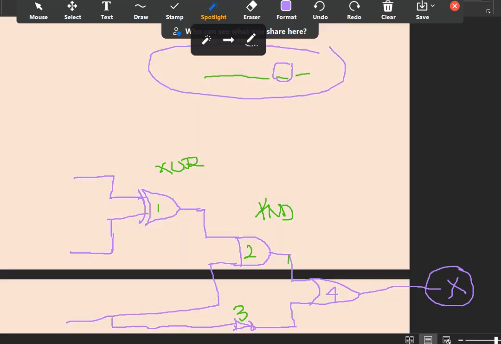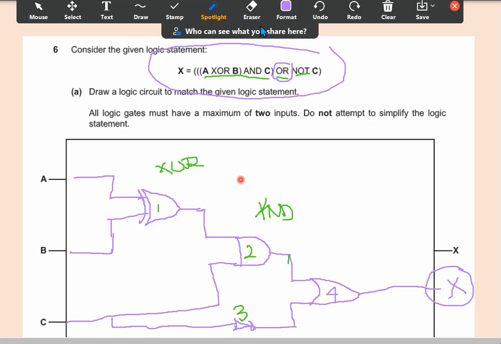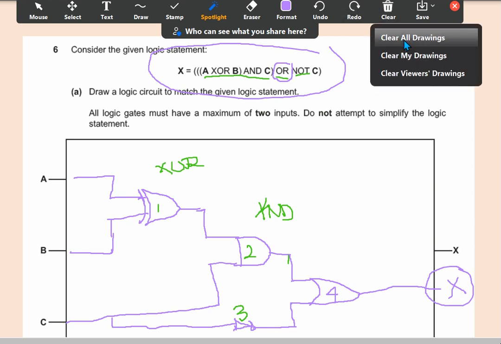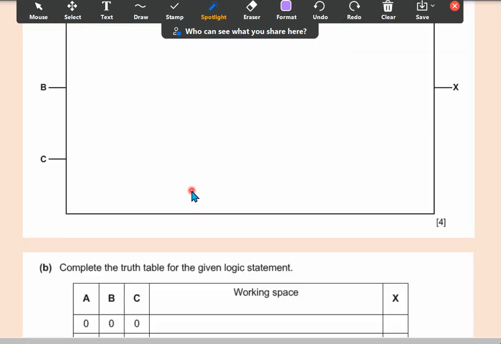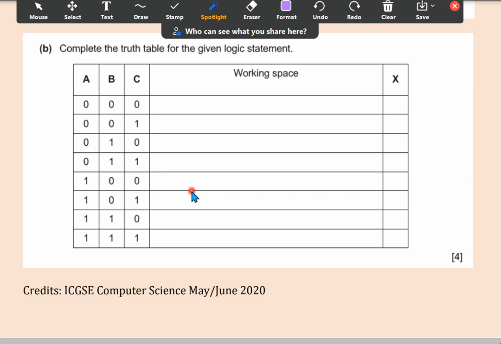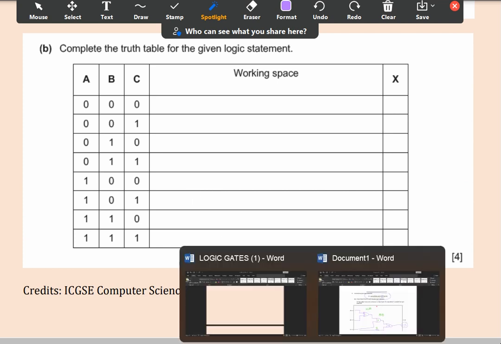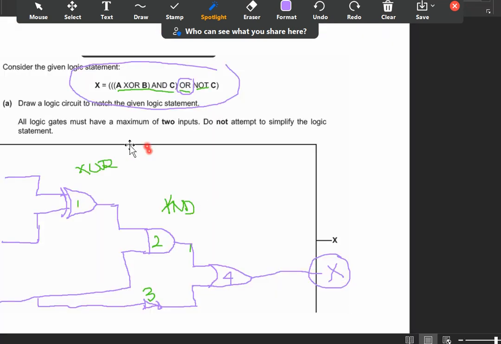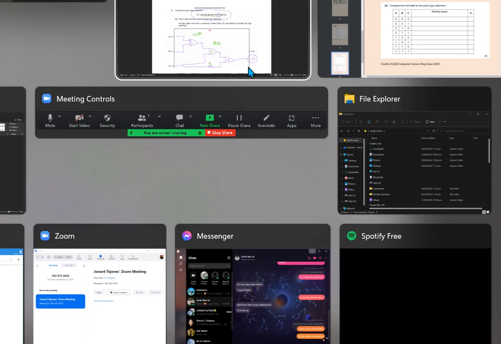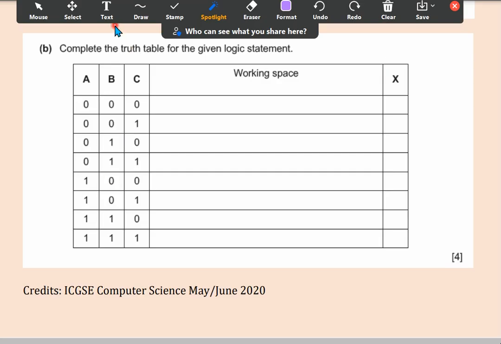So I cannot erase my writings. Alright. So to reference or to answer this one, I'm gonna reference this right here. Okay, there we go.